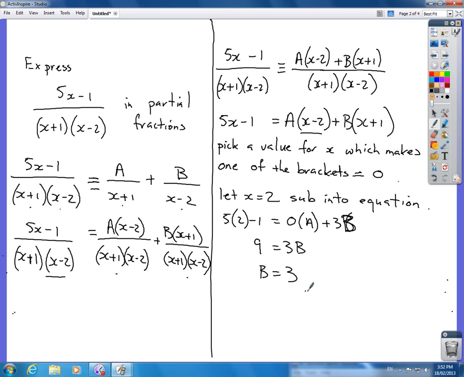I use exactly the same technique to find A. I've got 5x - 1 equals A(x - 2) + B(x + 1). Just check that I've got my numbers right. Now I'm going to say, let x equal -1.